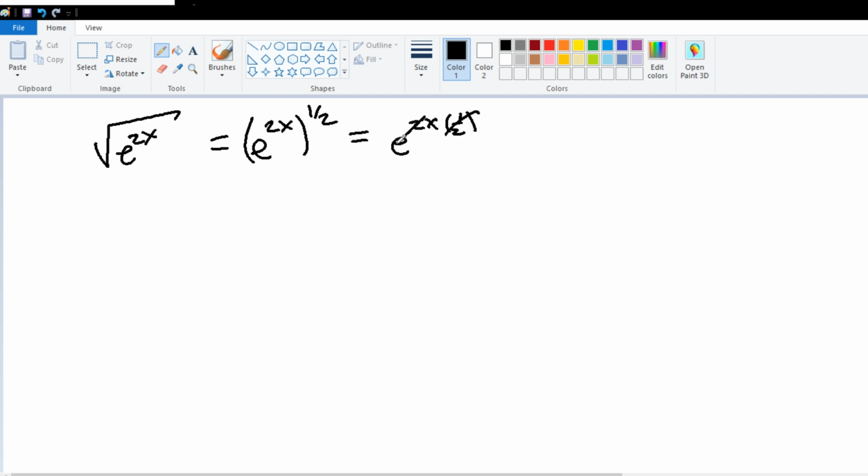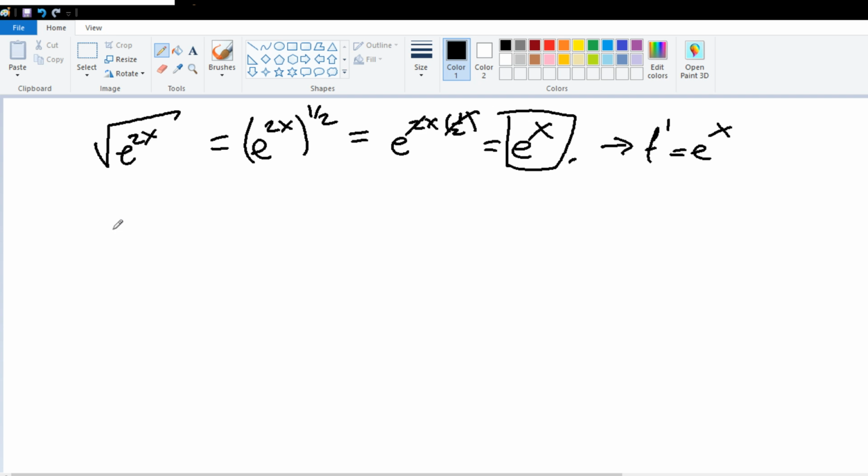So this half cancels with that 2x. The derivative of e to the x is e to the x. And this is not what the student tried to do. But let's show that it works even if we didn't recognize that. So here's our function, and then the derivative equals e to the x.